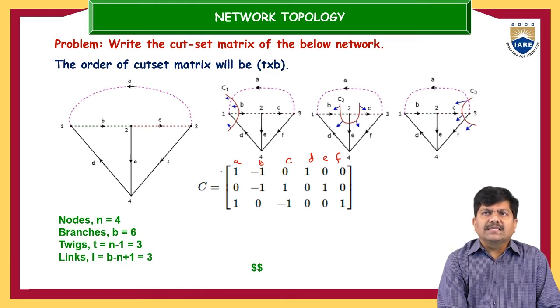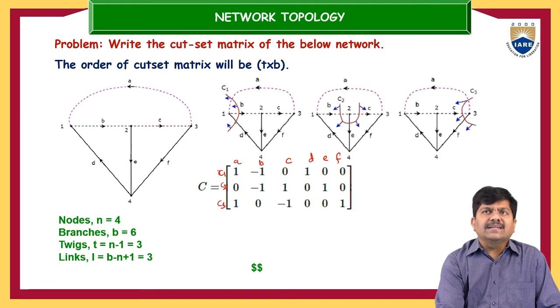So the way of representing them here is C1, C2 and C3. The first cut set is this. This is the first basic cut set. Element A is like this, and the cut set orientation is also in the same direction, because who will assign the direction of this basic cut set?